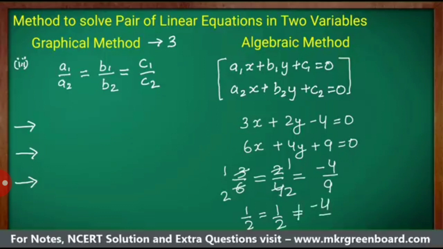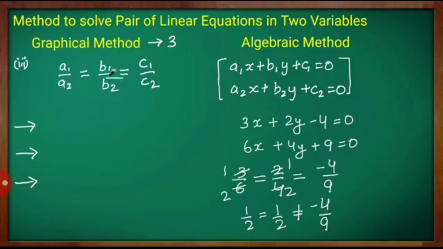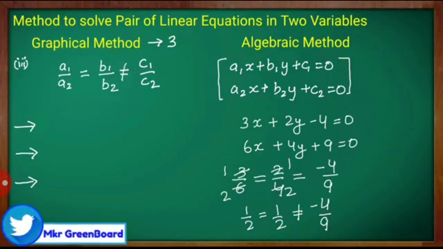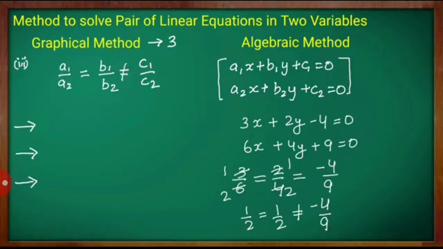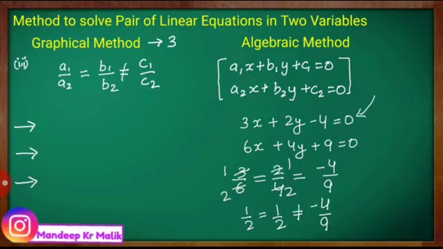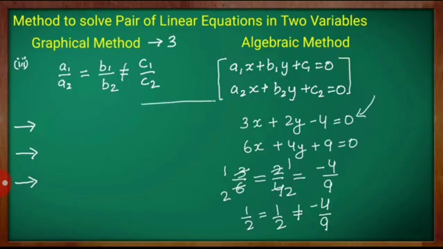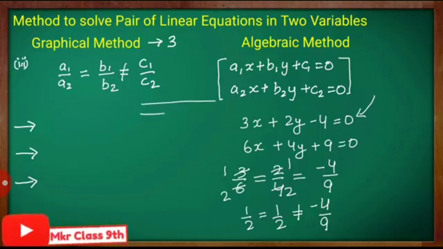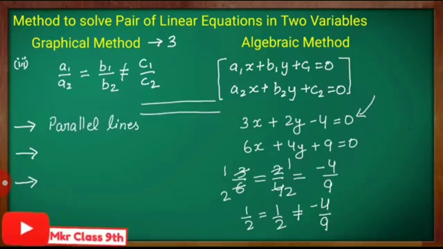It means in the third case a1 upon a2 is equal to b1 upon b2 but not equal to c1 upon c2. In this case, both the lines represented on the graph paper are parallel.